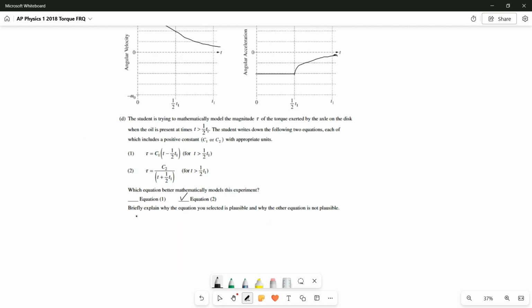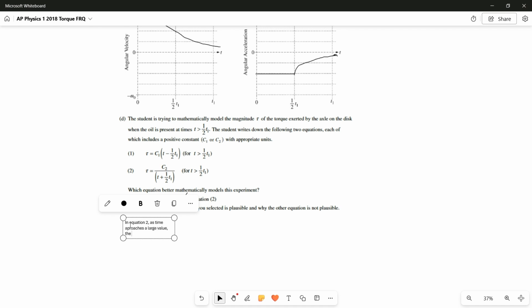Now don't forget to briefly explain why. So what we really need to do here is quite simple. We say in equation 2, as time approaches, we could say infinity, or we could simply say a large value, the net torque will approach 0. Well, let's say will converge to 0.